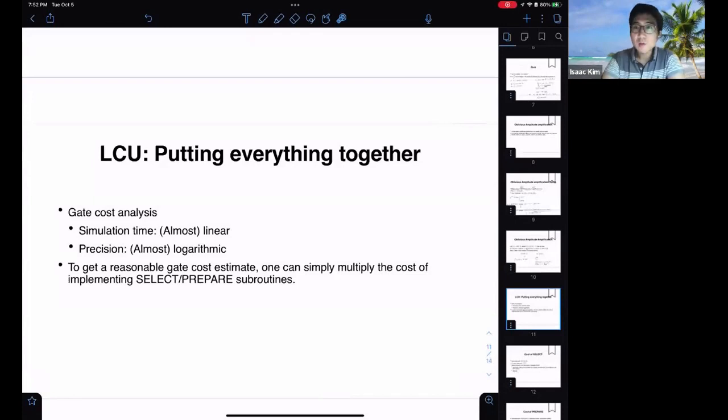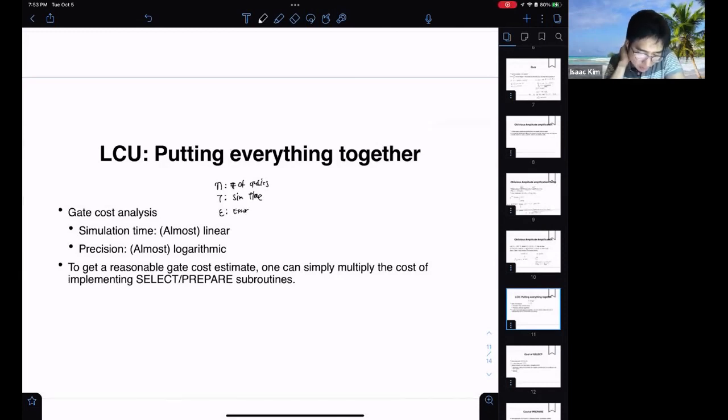So if you do all this analysis, at the end of the day, the total cost scales as follows. The important parameters, as I mentioned maybe a week ago, are three things. One is n, the number of qubits. The other is t, the simulation time, so how long the t is for e to the minus iHt. And the other thing is epsilon, which is the approximation error.